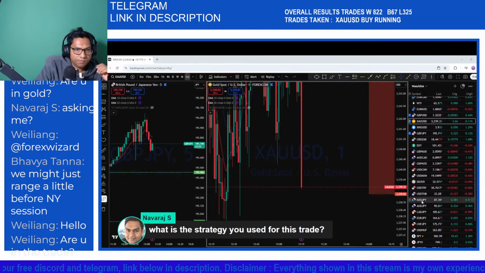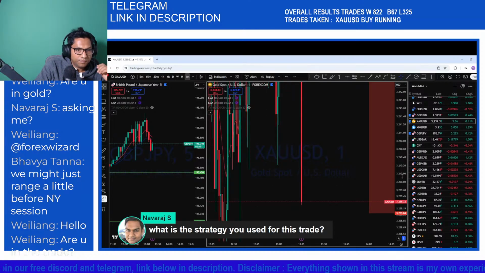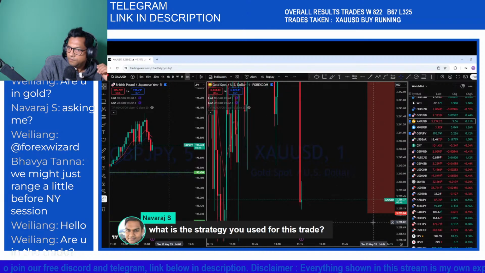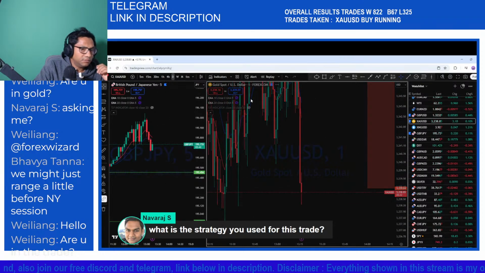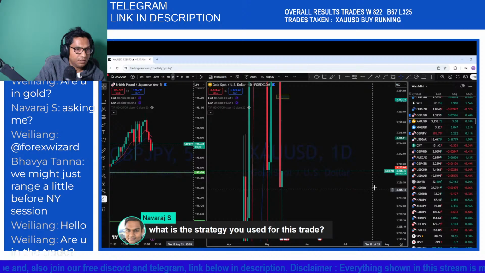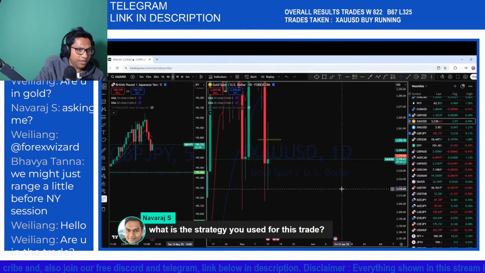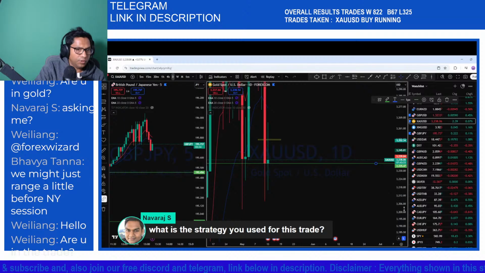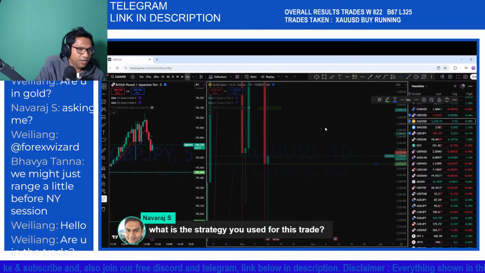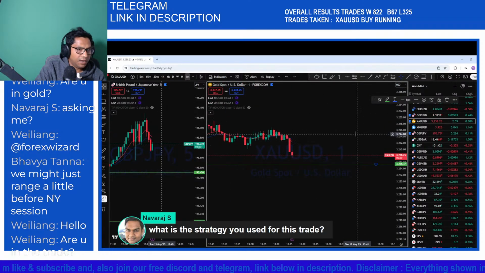so we are out with the trade, and if you look at it, it dropped again to the daily support, and we will be looking to see if the market is again heading back up here.